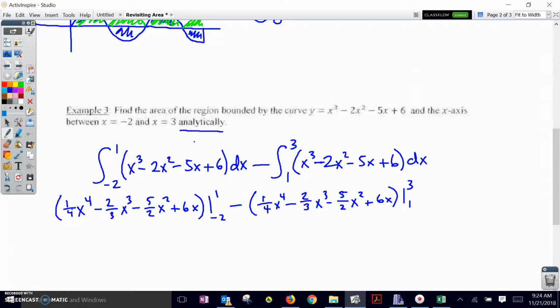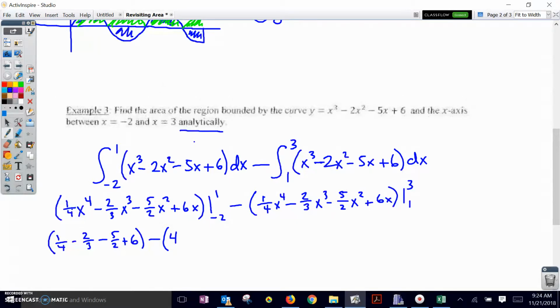Alright, and the calculation is going to be the hardest part here. We put 1 in for x, and that's going to give us 1/4 minus 2/3 minus 5/2 plus 6, minus, and then we put negative 2 in there. That's 16 over 4, which is 4.